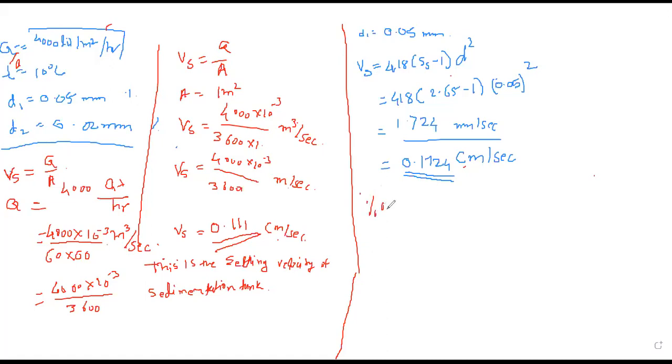Percentage of settled particle is equal to settling velocity of particle upon the settling velocity of tank.